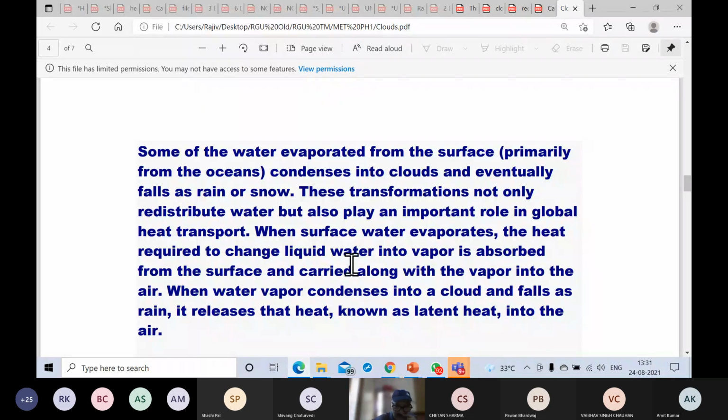Now this latent heat, which was absorbed and preserved when going from liquid to vapor, is released. This is why it is called latent heat, because you can't see it, but it is releasing. So conservation of heat is still there. When surface water was evaporating, it absorbed heat that was preserved. And when it starts to condense into cloud and rain, it releases that heat.